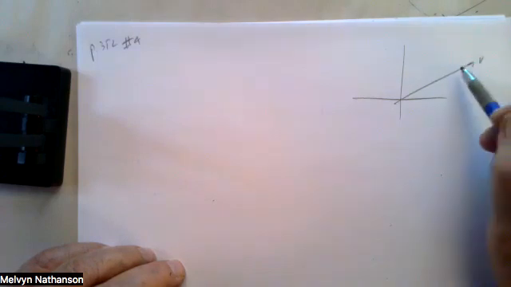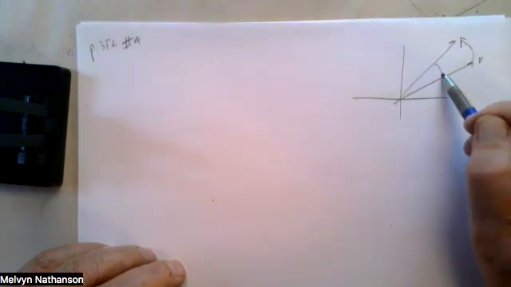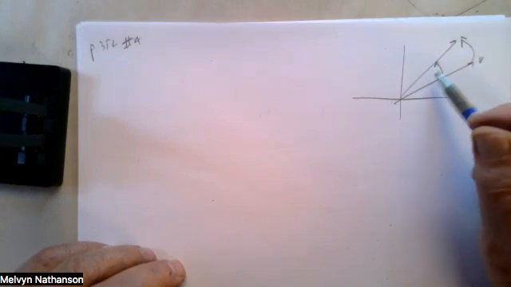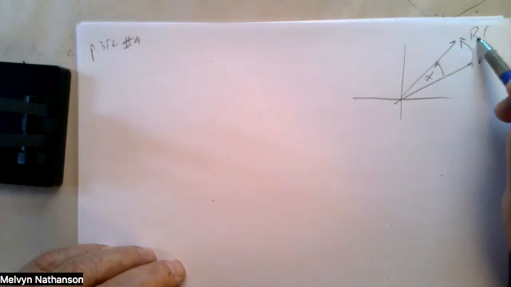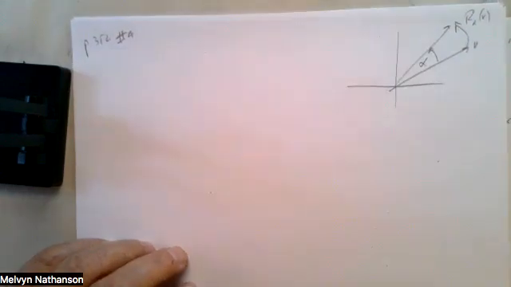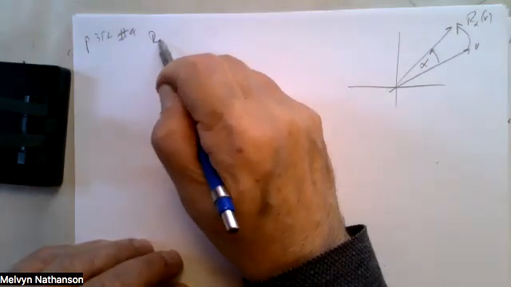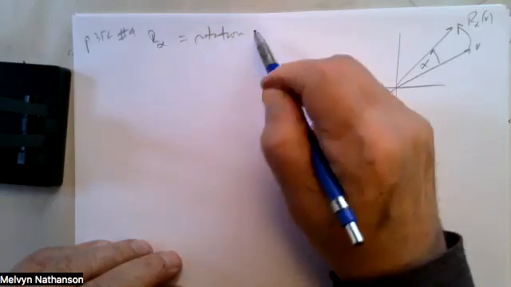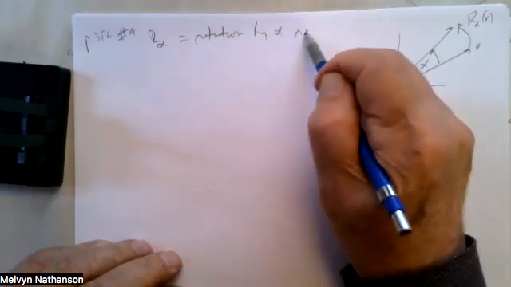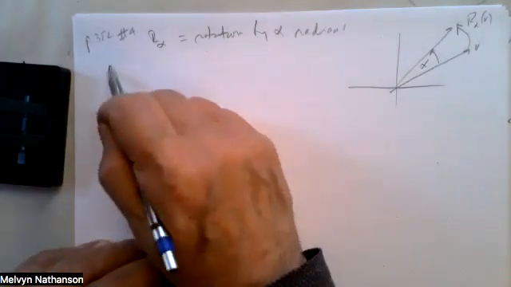You take any vector v and you rotate it by an angle alpha. So this is rotation by an angle alpha radians of the vector v. And so R alpha is rotation by alpha radians of a vector in the plane.